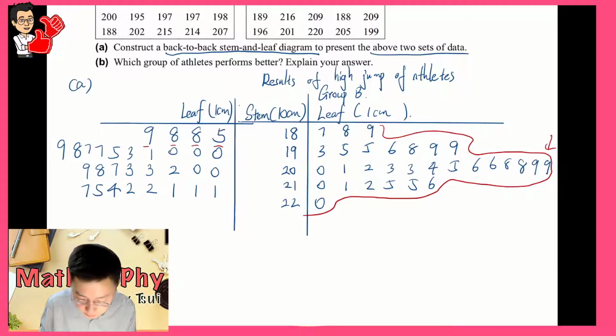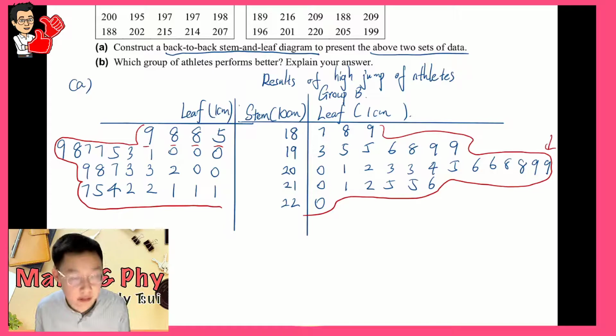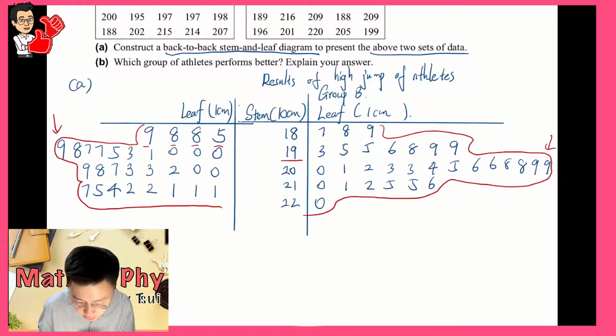However, for group A, most of the data focuses on 190 something, for example 190, 191, 193.